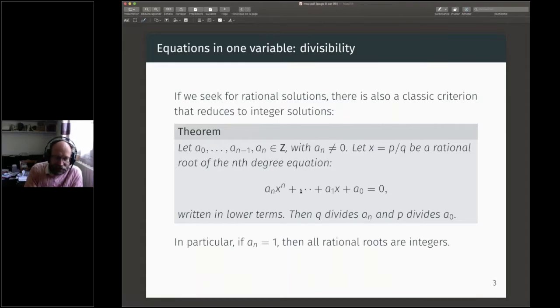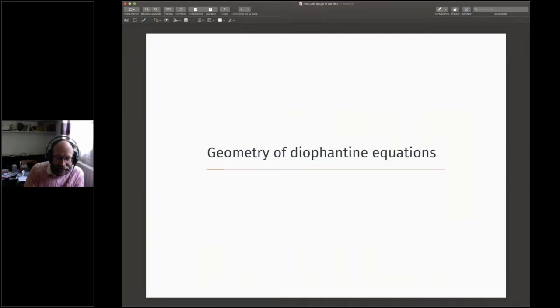And those arguments are usually not enough, and one also needs to use arguments relying on the size of the numbers. The first part of the talk is to explain a bit of the geometry of Diophantine equations. So in one variable, this makes no real sense, but I will pass to two variables, and then there will be some geometry hidden.